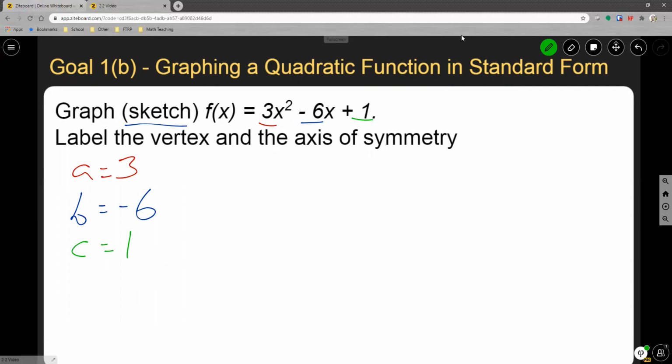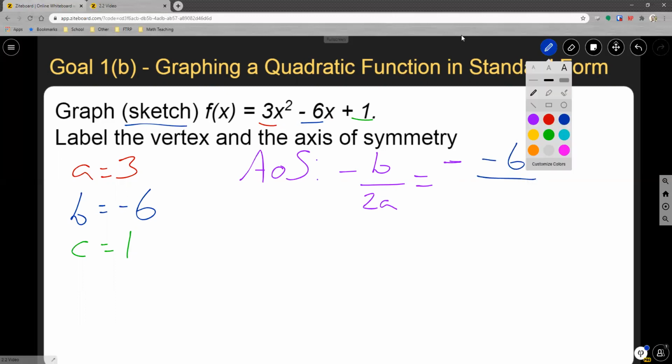So based off of that information, I can get a lot very quickly. Remember, I can find my axis of symmetry just by combining my a and b value in an equation. So my axis of symmetry is -b over 2a. Well, negative sign, my b value is -6. 2a is 2 times 3.